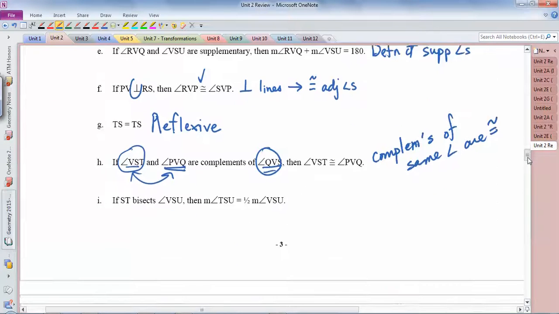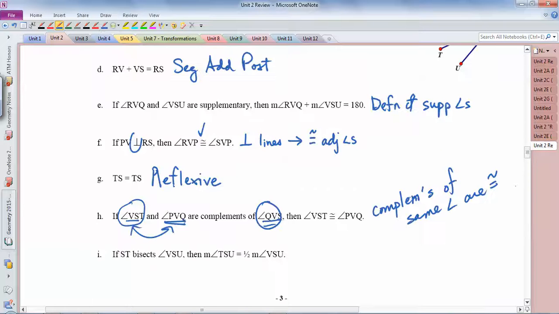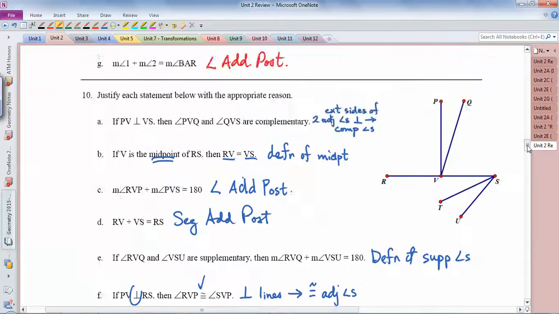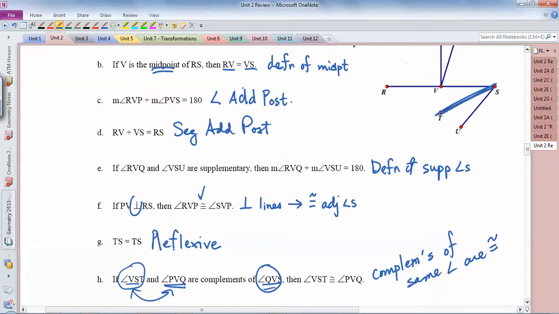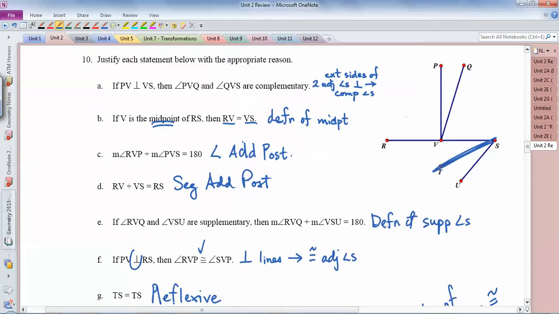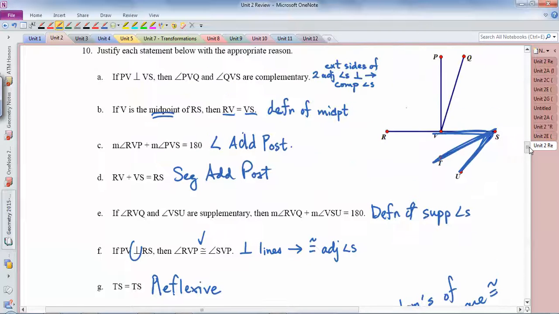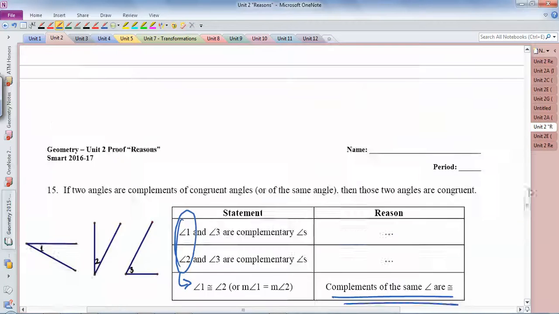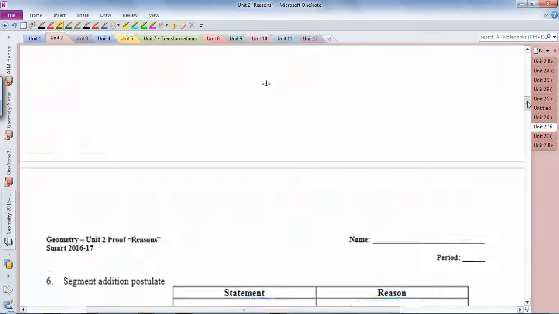And then let's see, there's one more here. Okay, so the last one says if ST bisects, what was it, VSU? Yeah, VSU, this angle. So it cuts it right in half. Then TSU is half of the big angle. Okay, well, we have a bisector, so you should be thinking about the two bisector ones up here.